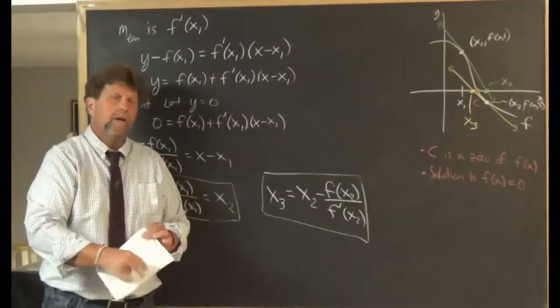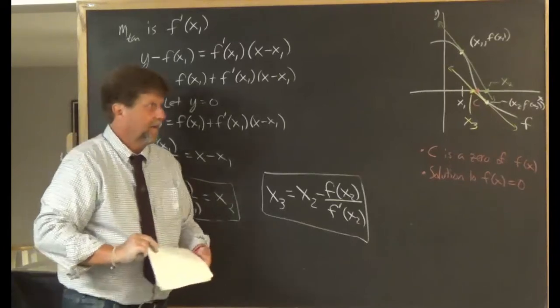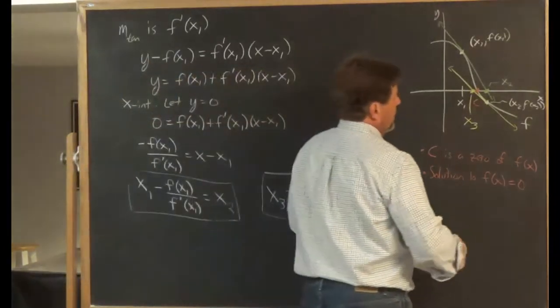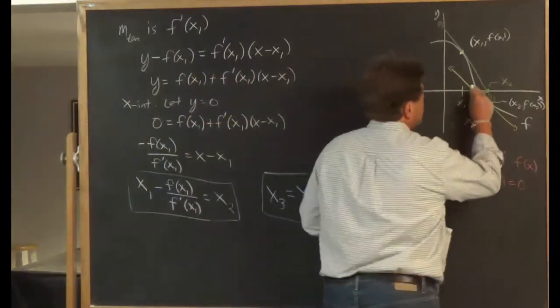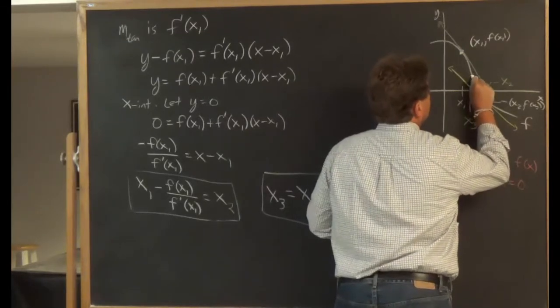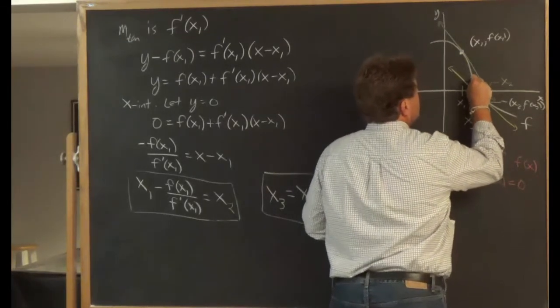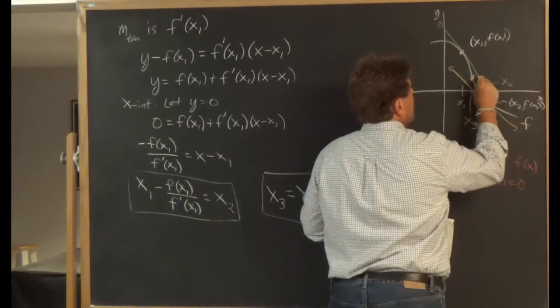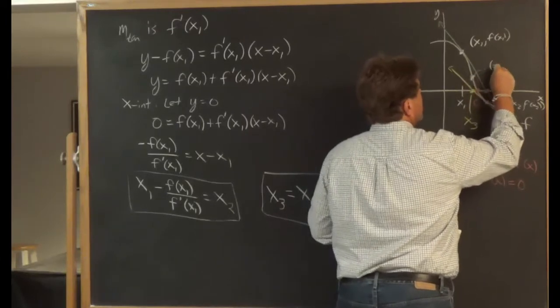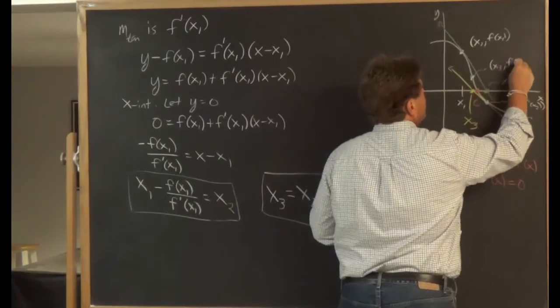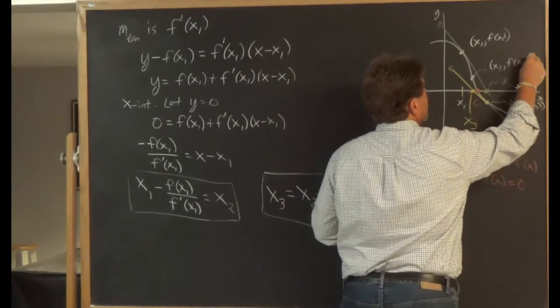Then you repeat the process. So, you would come up here, and there's that point on the graph of the function, x sub 3, f of x sub 3.